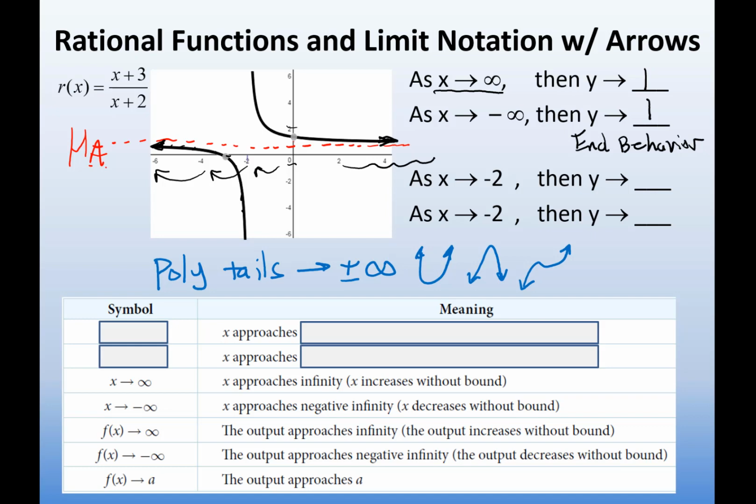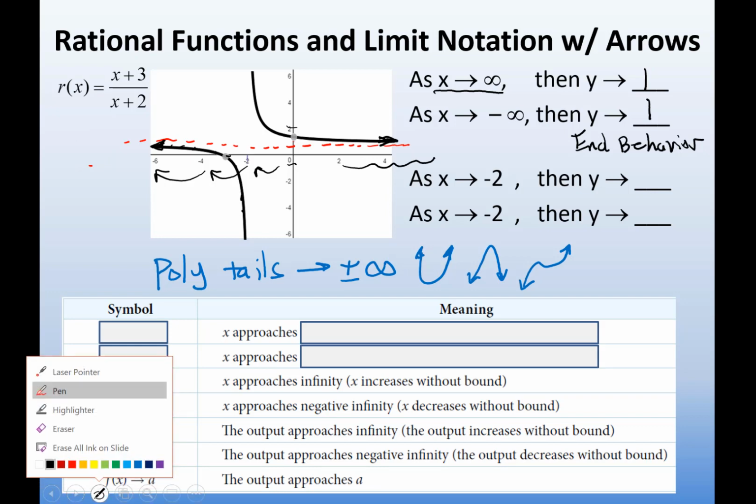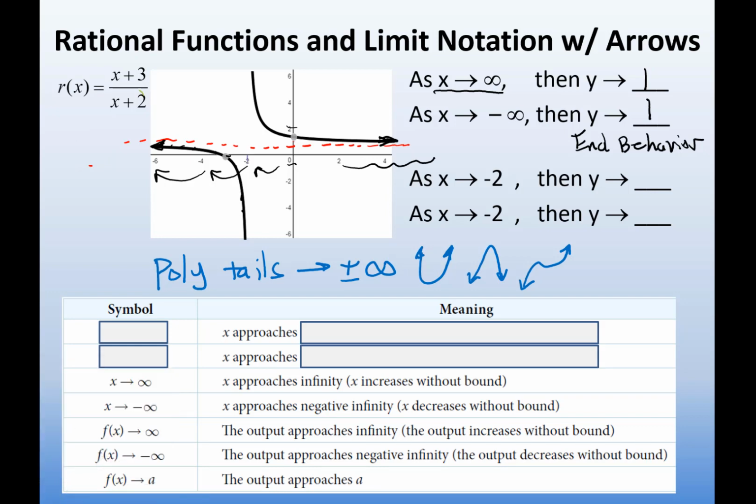However, there's another aspect to rational functions which involves the denominator. Remember we said, I'm going to change colors for this part of it, that the denominator can't be 0. Well, if x plus 2 equals 0, the fraction's messed up. So if x equals negative 2, that is going to mess up my function.